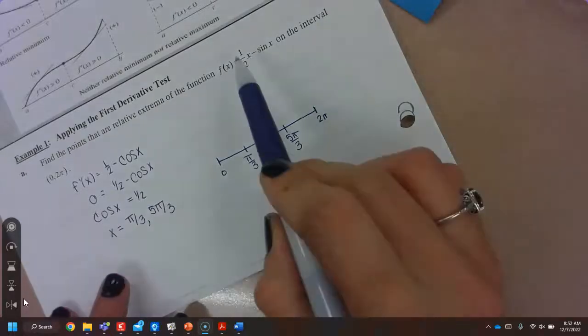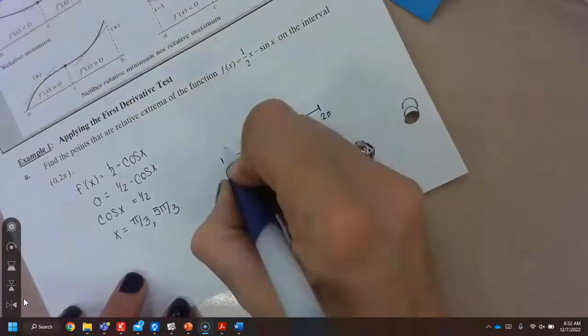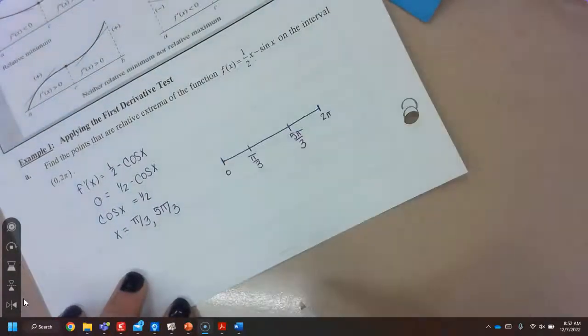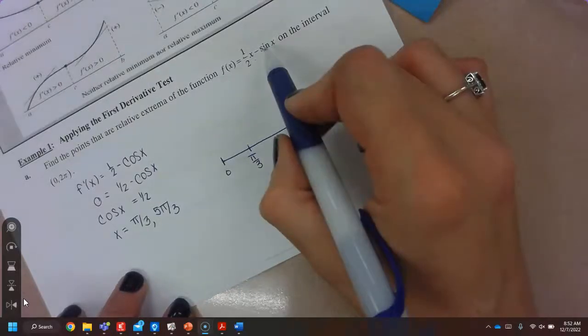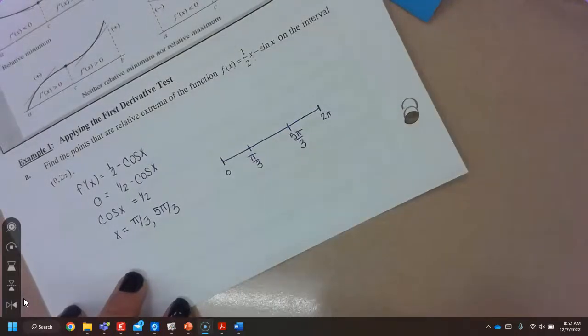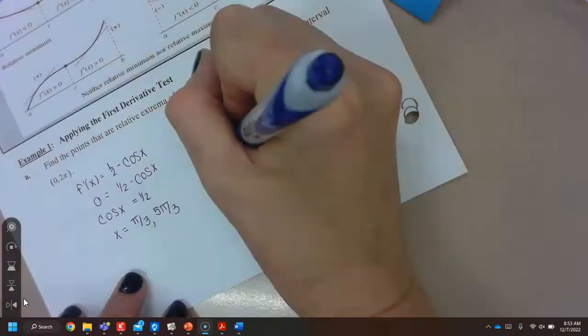So pi 6, so that would give you 1/2 times pi 6, which is pi 12ths. And then what is the sine of pi 6? 1/2. So pi 12ths is going to be smaller than 1/2. So that is going to be negative.